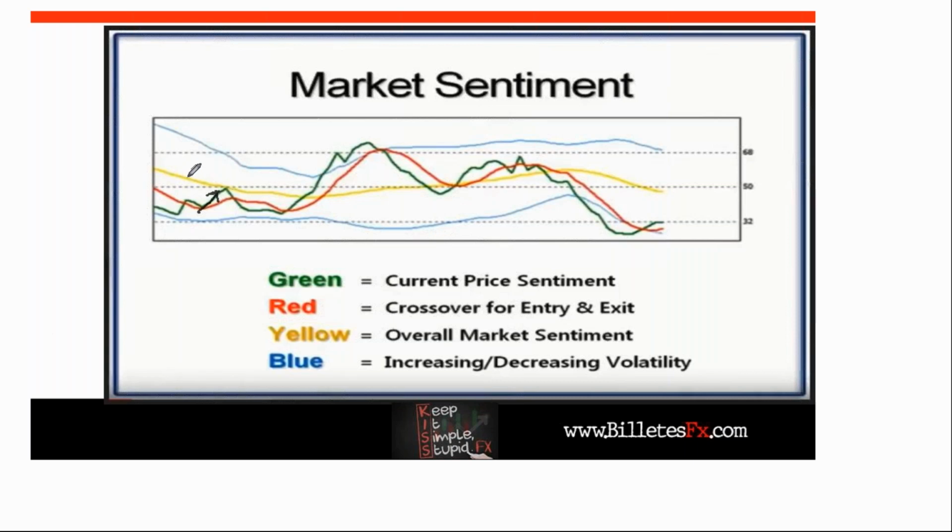Long term, it's going down. So even though price went up a little bit here, the overall market sentiment is to the downside in this example. Now finally, price went up, rejects, and starts to drop as well, current price along with the overall price.